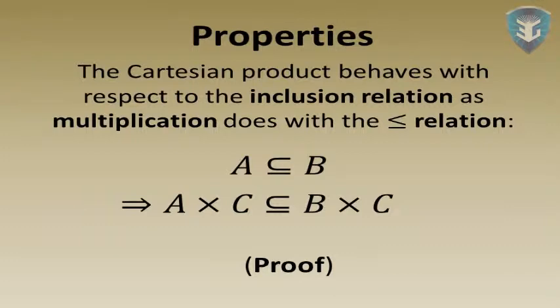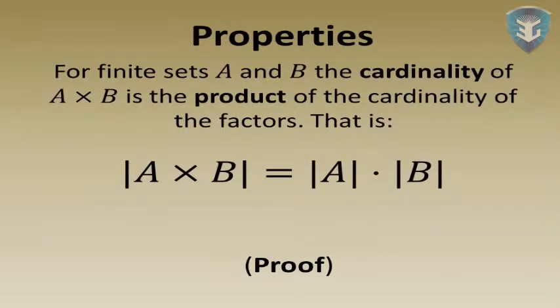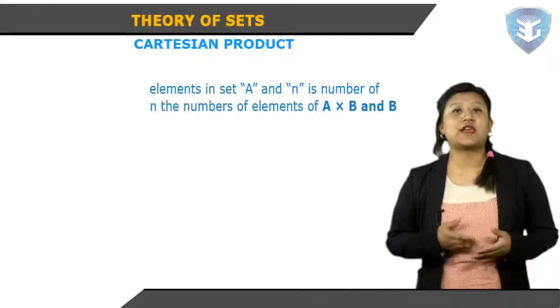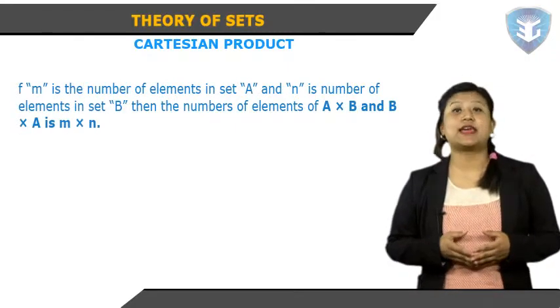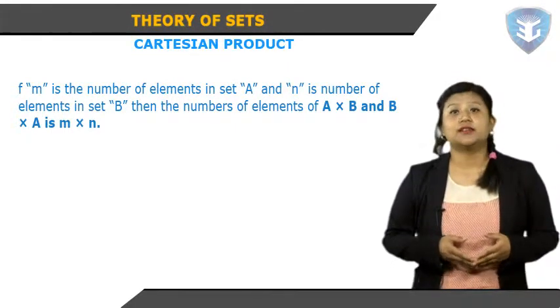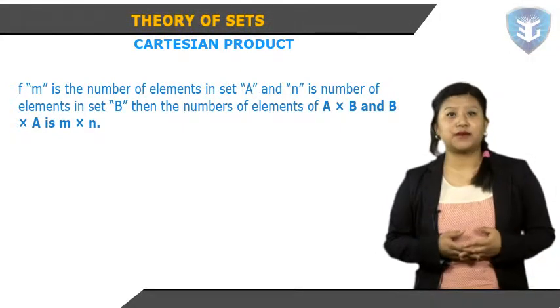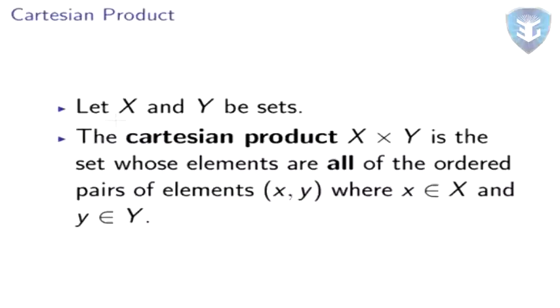So, if A is a subset of B, then the Cartesian product of A and C is a subset of the Cartesian product of B and C. Finally, for finite sets A and B, the cardinality of the Cartesian product of A with B is the product of the cardinality of the factors. This result is shown here algebraically. If m is the number of elements in set A and n is the number of elements in set B, then the number of elements of A cross B and B cross A is m times n.